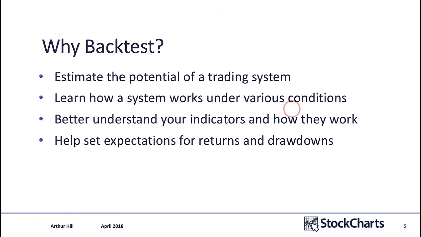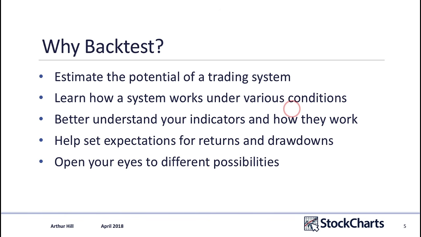Second, and finally, it can help you set expectations for returns and drawdowns. So, we need to have a bit of a roadmap. Is our system going to be expected to earn 15% per year but have 30% drawdowns? Is it going to be 7% per year with 6% drawdowns? We need to have an understanding of that so we know when something is not working and when it is working.